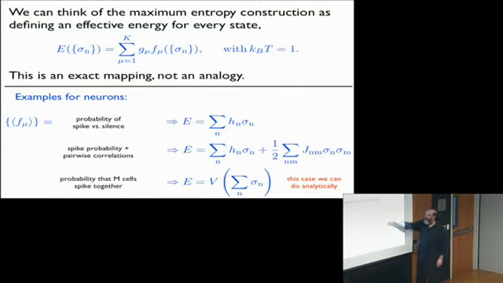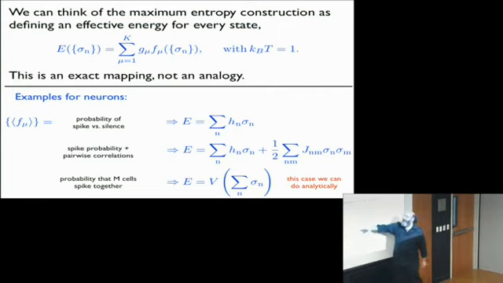In the first case, of course, I didn't write it down, but you can do everything analytically. In this case, you can't, because in general, these interactions will be as complicated as, well, there's no reason for them to have a simple form, because the correlations have a complicated form. There's another thing you could try and match.